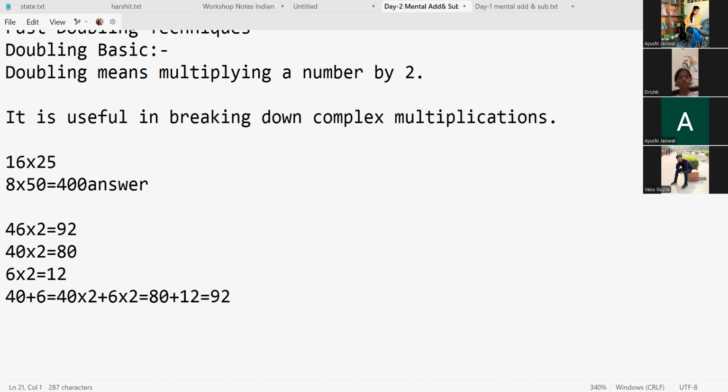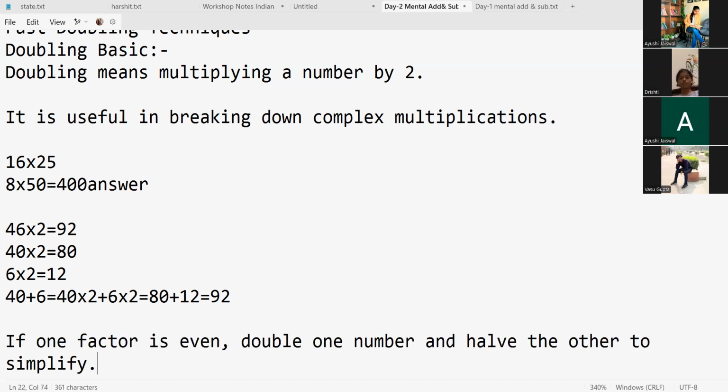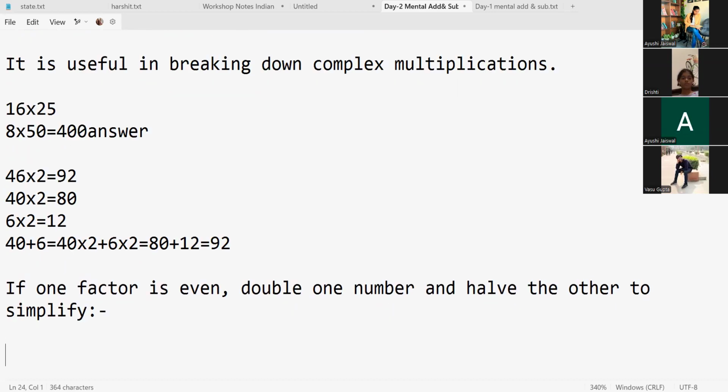If we do 16 multiplied by 25, the answer will be 400. But if we divide 25 by 2, the answer will be 12.5. So it's a little bit complex, right?